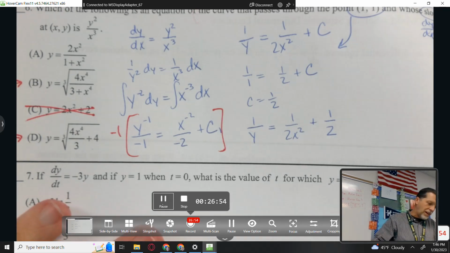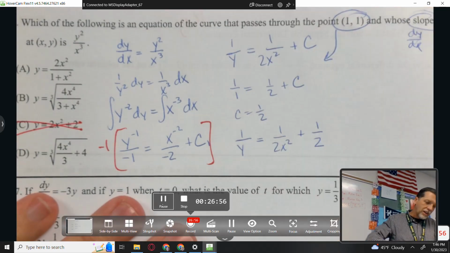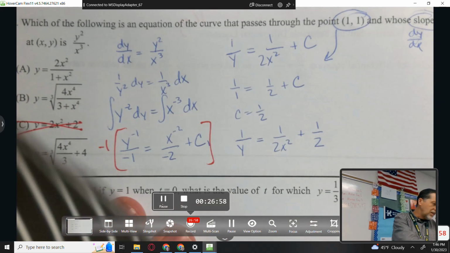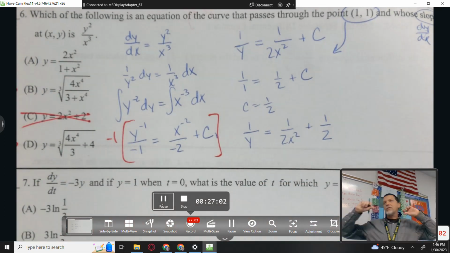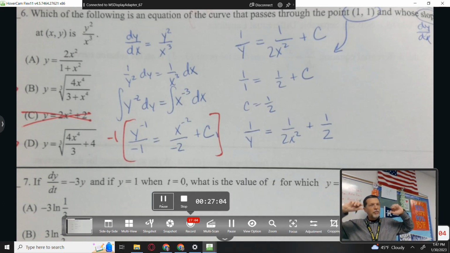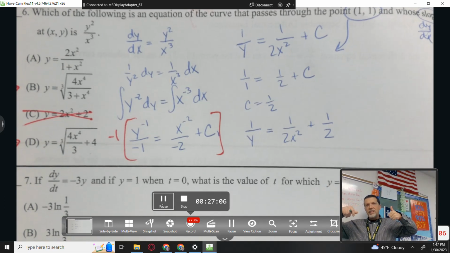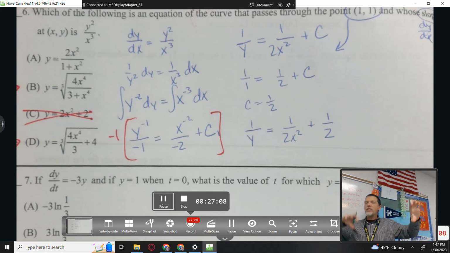Now, how would we get there? If I want to change 1 over y, I'd rather just flip both sides. But if I want to flip both sides, I need to get a common denominator, so it's fraction equals fraction.